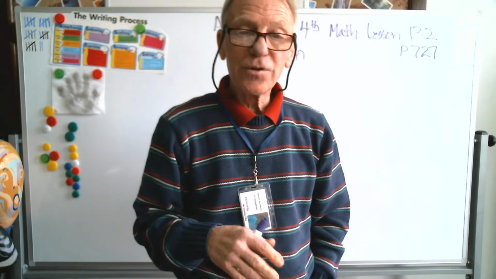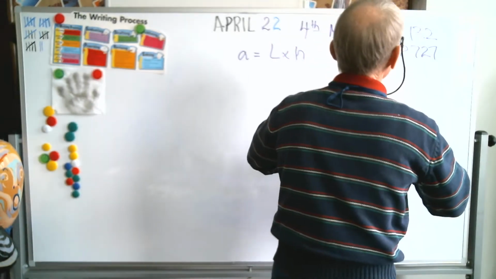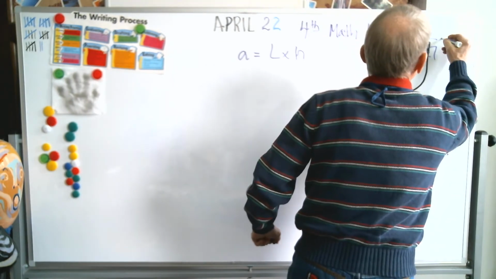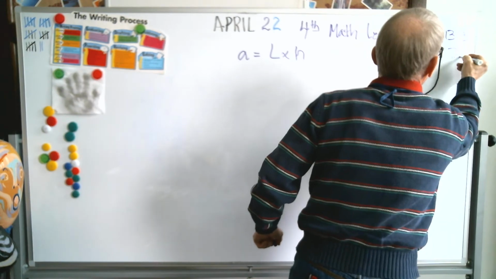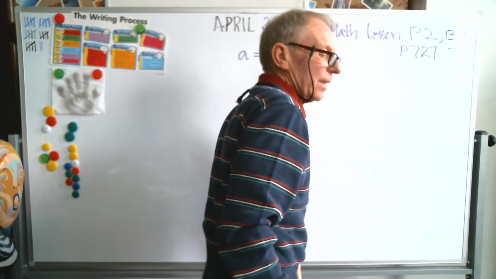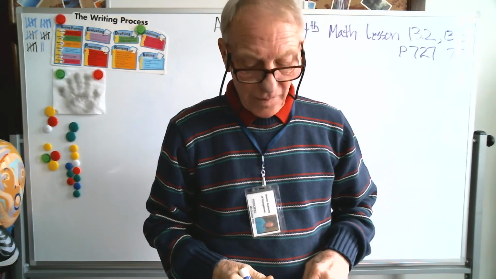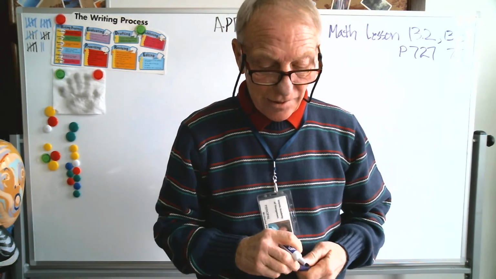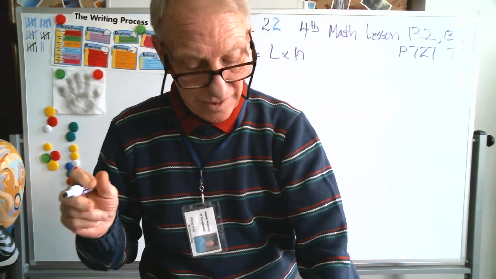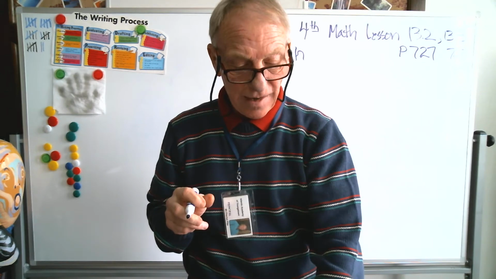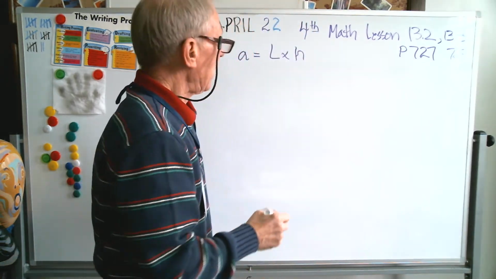Now, in lesson 13.3, which starts on 729, now they're going to challenge you a little bit. If you look on page 729, you see Jan there is visiting a botanical garden with her family, and she shows the garden.